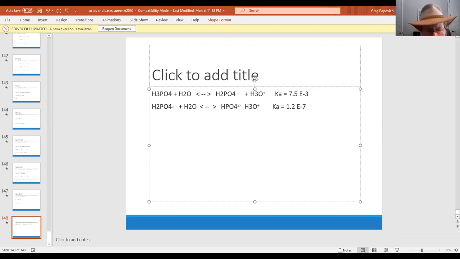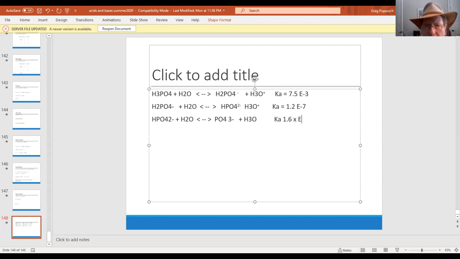So if I go HPO4 2 minus, plus water, to PO4 3 minus, plus H3O plus, this Ka is going to be even smaller.